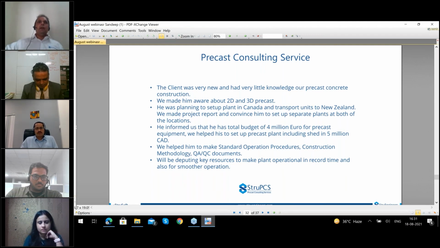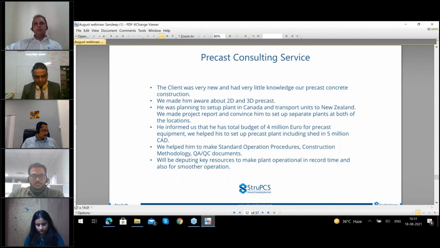Then we found a vendor who was able to supply a flexible mold with a flexibility of 1 meter. As per client requirement, we had to construct a mold size of 4.5 meter by 9 meter, which means we can construct for 5.5 to 10 meter as well with these molds.